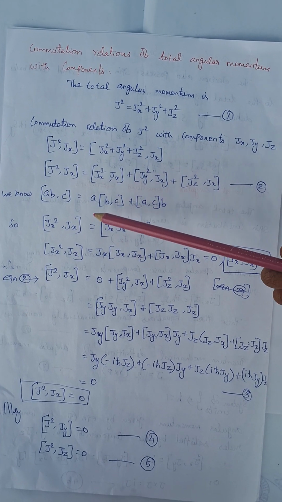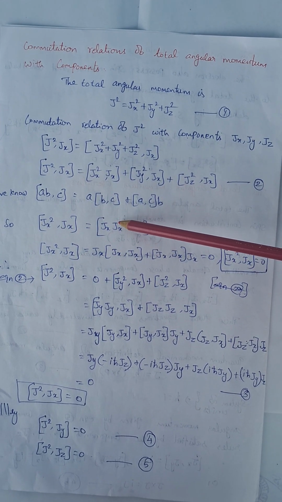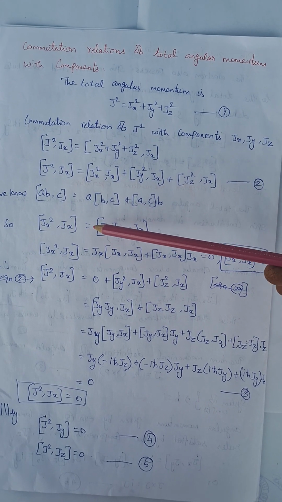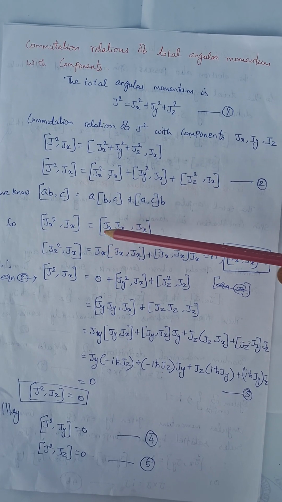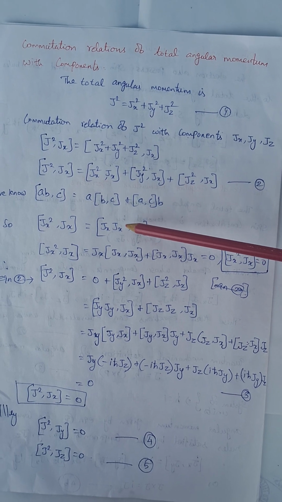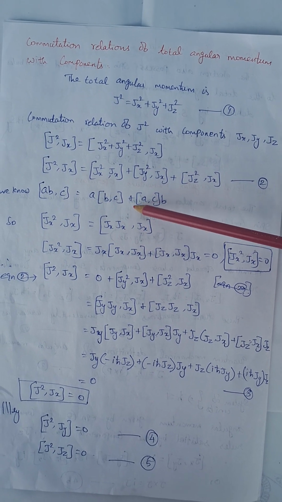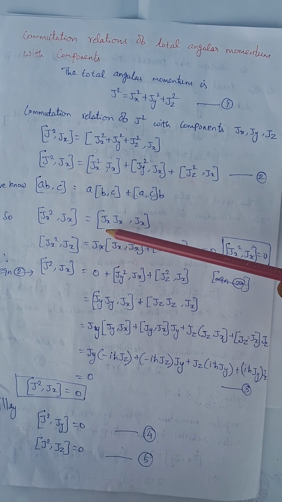So [Jx squared, Jx]: this Jx squared can be split into Jx times Jx, so this is of the form [AB, C].